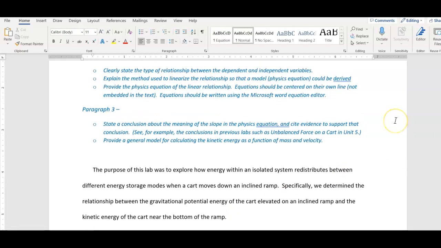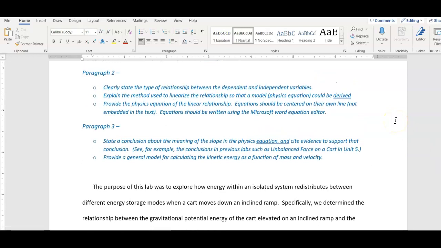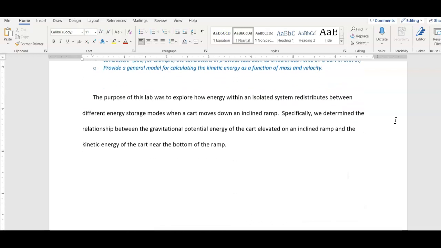This is the point where you want to present your basic data: the relationship between your variables. We had to linearize it, so we need to describe how we did that, and then we need to give the physics equation.